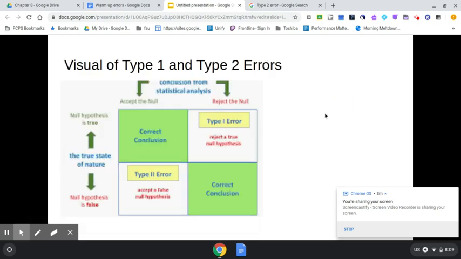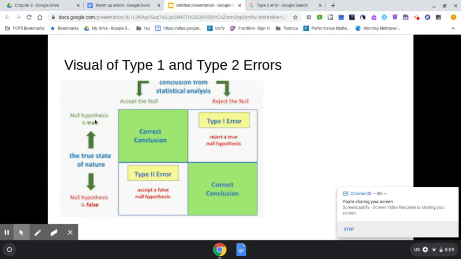All right, here is just a visual of what can happen when you do a hypothesis test. So if the null hypothesis is true and you do not reject it, in other words, accept, we don't like to use the word accept, but here it's okay, accept the null, you've made a correct conclusion, so that's all good.